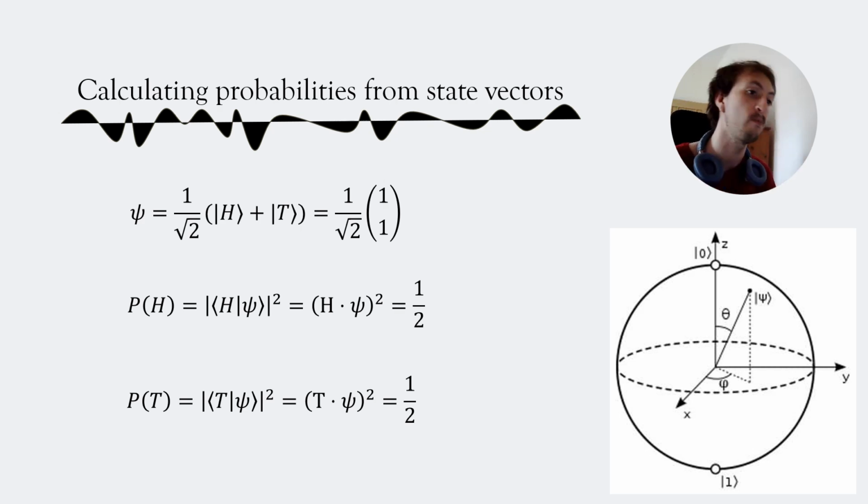This is just there for those who would like the mathematical nitty-gritty, as it were. The important thing is that these quantum states exist, and we can use this fairly straightforward procedure of inner products, or in the case of real vectors, scalar products, to get probabilities from them. Okay.